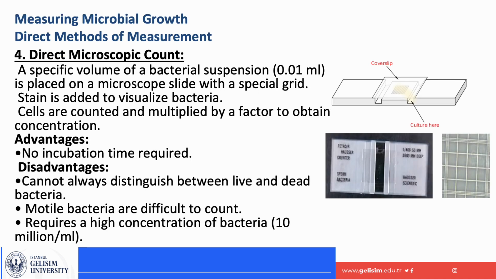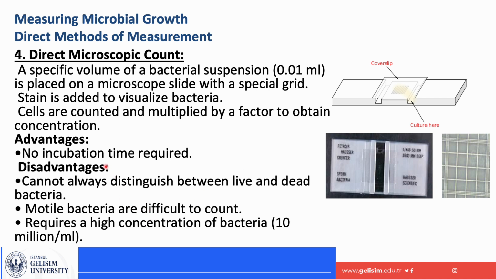All right, the direct microscopic count is a direct method for measuring microbial growth that involves placing a specific volume of a bacterial suspension, usually about 0.1 ml, on a microscope slide with a special grid. A stain is then added to visualize the bacteria, and the cells are counted and multiplied by a factor to obtain the concentration.